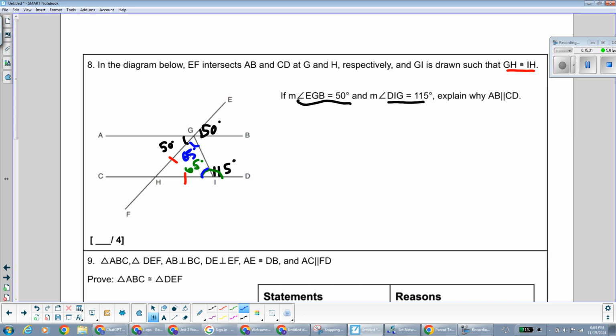And since all three angles of any triangle sum to 180 degrees, 65 plus 65 is 130. So this angle has no choice but to be 50 degrees to make the 180 degrees of the triangle. And now look. We have found congruent alternate interior angles, which proves the lines parallel.